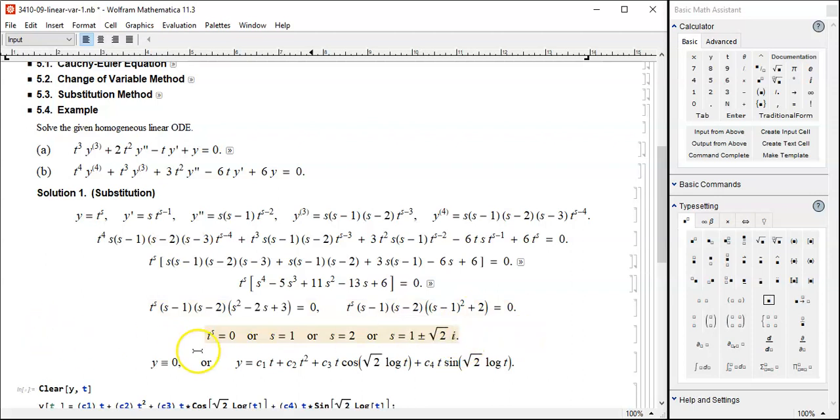Okay, alright. t to the s power is 0. That gives you a singular solution. y is constantly equal to 0. That always comes. And then s is 1, 2. They're going to be t to the first power and t to the second power. No problem there. Now how about the complex part? t to the 1 power, because this is 1. And then cosine, sine, of square root of 2 times log t.